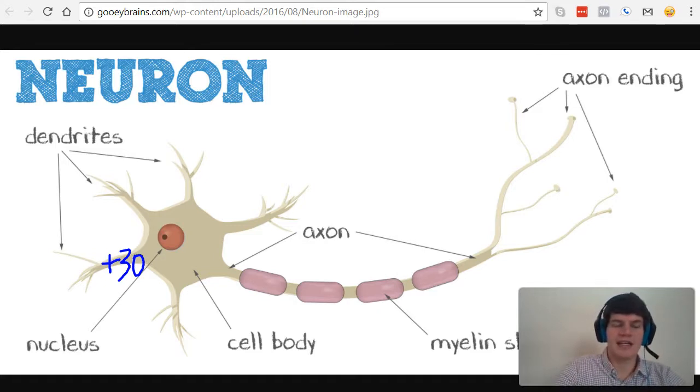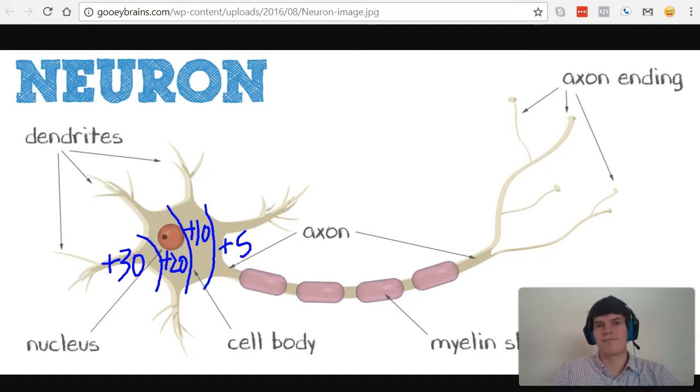But the further away I get from that spot, the smaller that membrane potential will change. For instance, in this area, it'll probably only increase by 20. In this area, it'll probably only increase by 10. And by the time you get to the axon hillock, it'll probably only increase by 5.